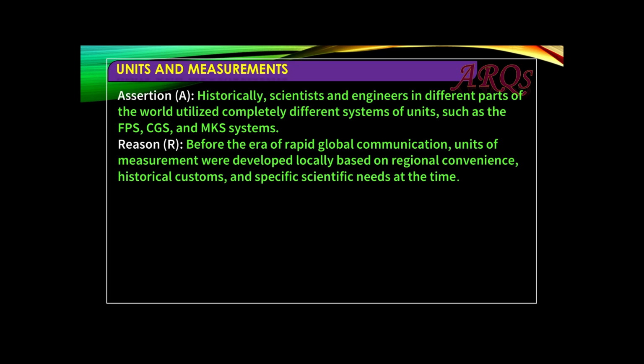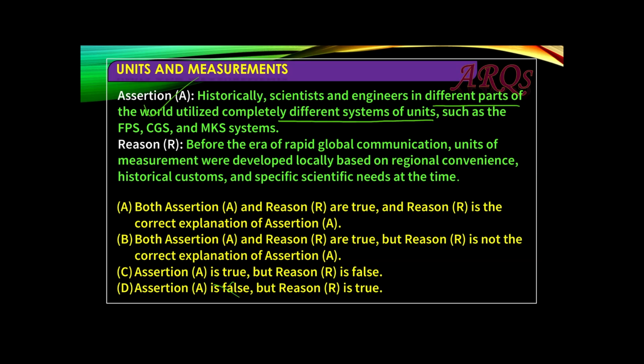Look at this. Historically, scientists and engineers in different parts of the world utilized completely different units such as FPS, CGS, MKS, etc. So assertion is true, which means D is wrong. Let's see the reason. Before the era of rapid global communication, different places had no communication at all, but now quick communication is available. Units of measurement were developed locally, true.